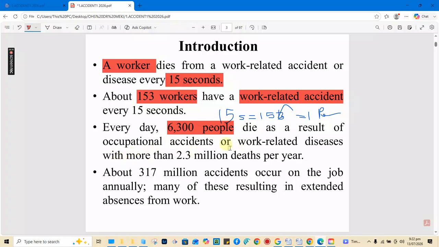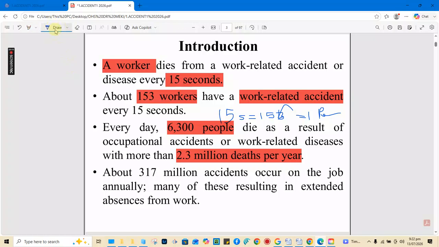And okay, so 6,300 people die as a result of occupational accidents or work-related diseases, with more than 2.3 million deaths per year. Okay, so we have some things here to take note of. For every 15 seconds, how many workers get injured or get involved in accidents?